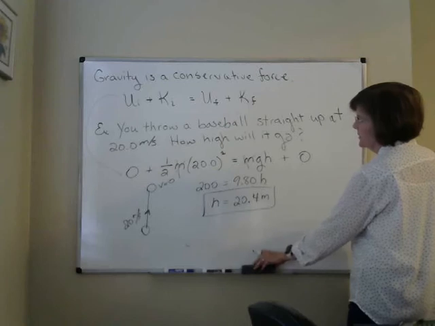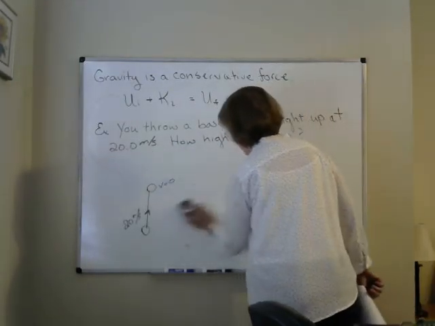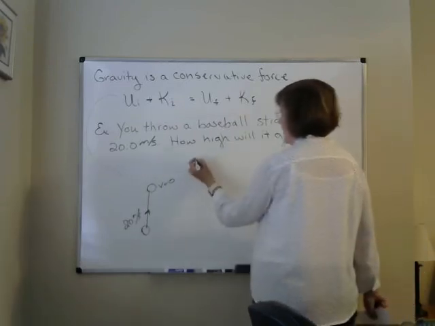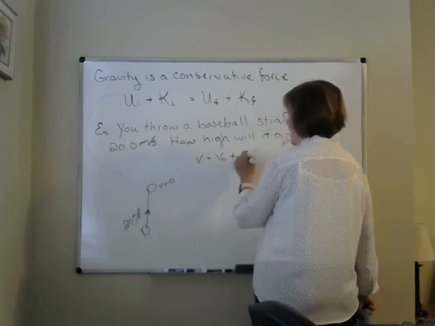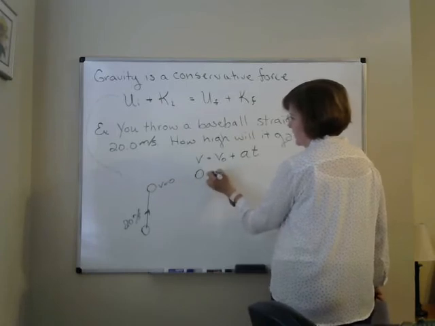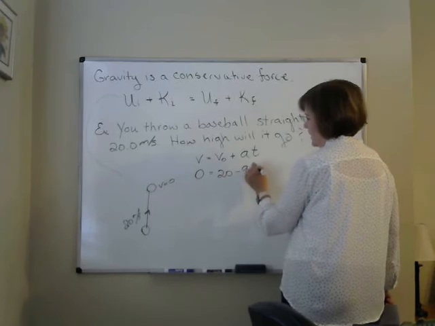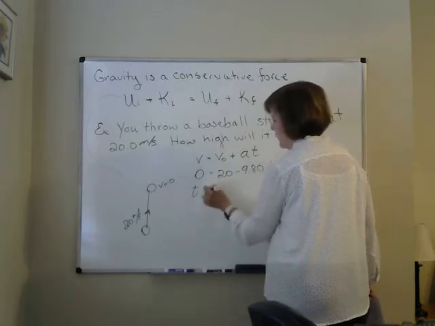If I was going to use kinematics to work this problem, I would start right here with my picture, and I would say, v equals v0 plus at. So at the top, the velocity is 0. The initial velocity is 20 minus 9.80 t. And I'd start off by saying, well, how long is it going to go up?